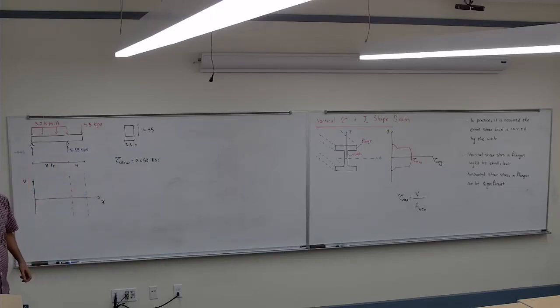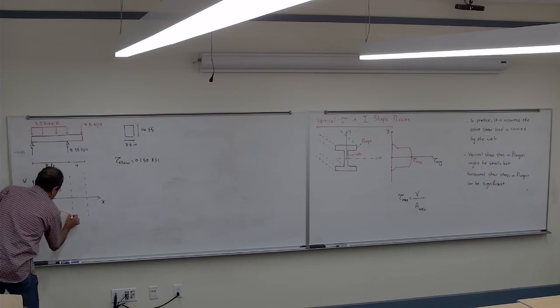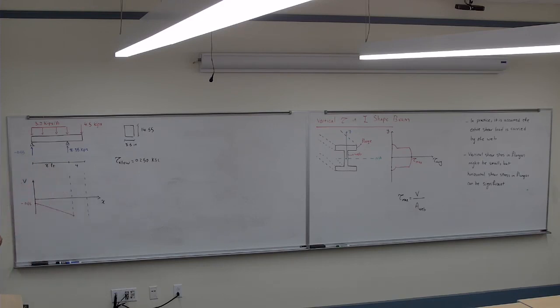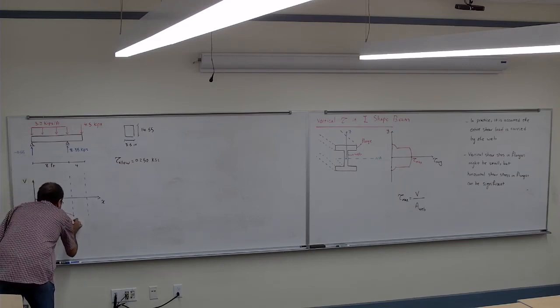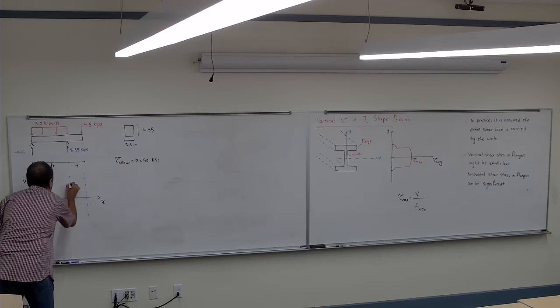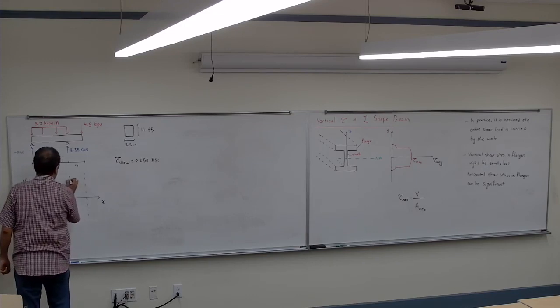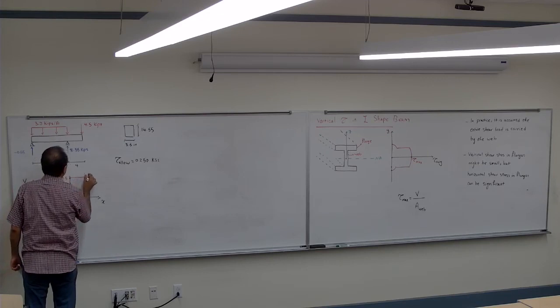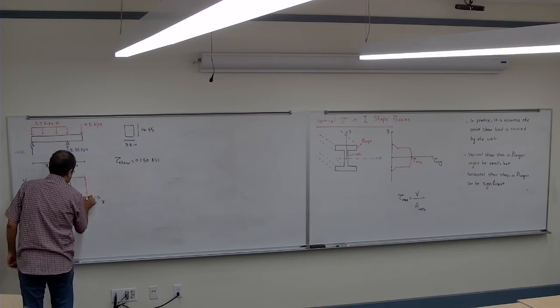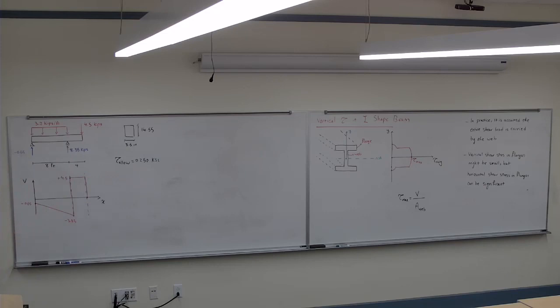It started at negative 0.65 here, then goes down to negative 38.5, then goes up to 4.5, and then goes back to 0. That is what we had last time.